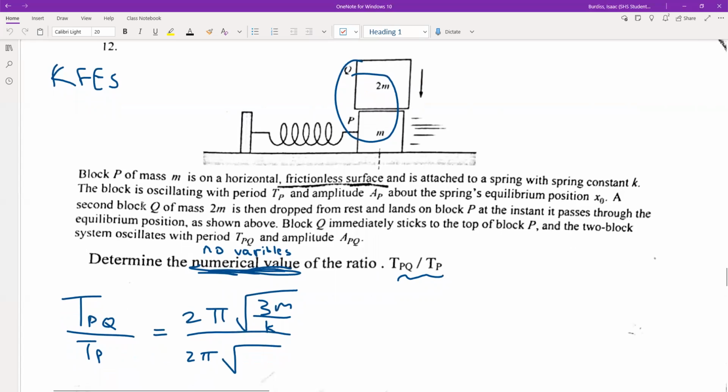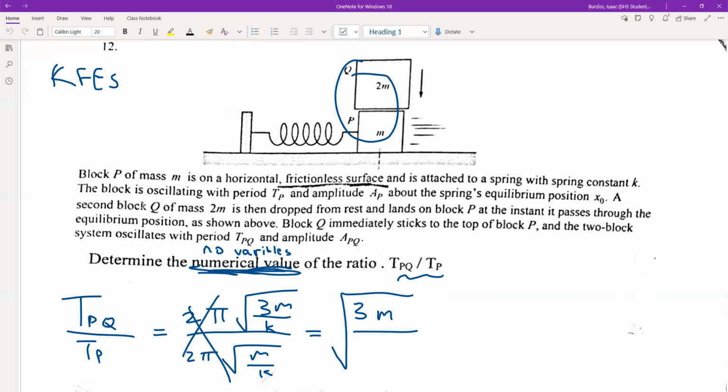over k. And what you can do is cross out the 2 pi's. Remember, no variables. So we're going to try to figure out how to get rid of the m's and k's. We can put all that under one radical.